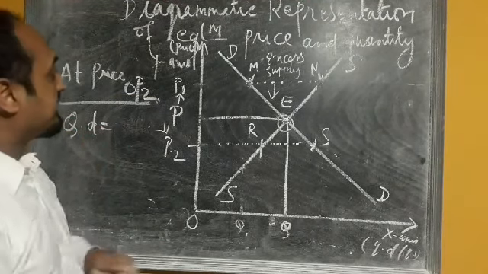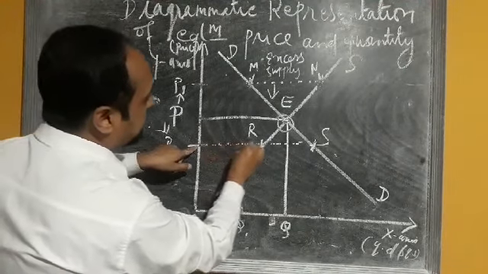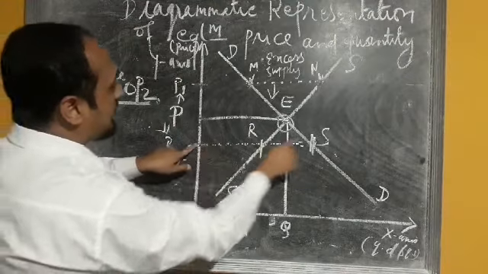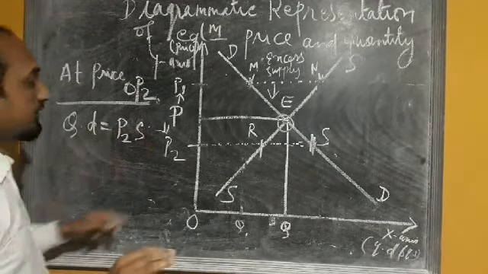Quantity demand is, because this line is intersecting the demand curve at point S, P2S. Quantity demand is how much? P2S. I hope you are understanding.